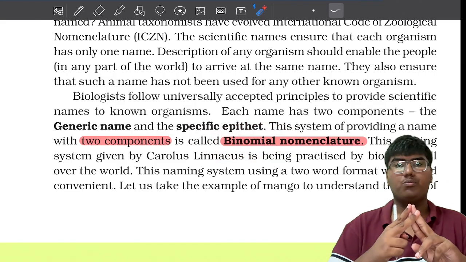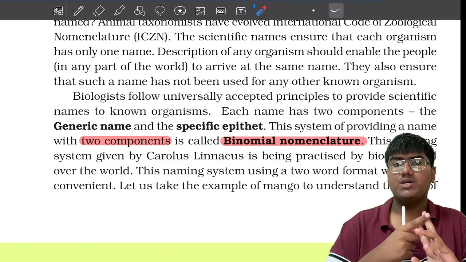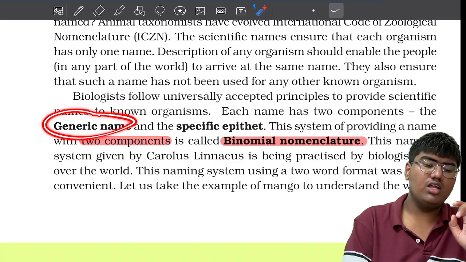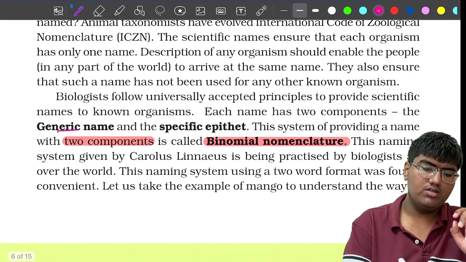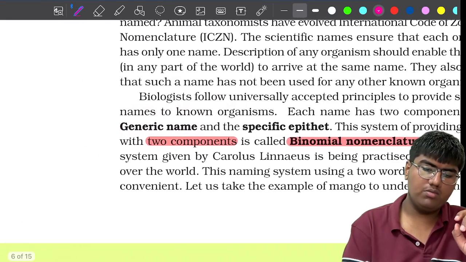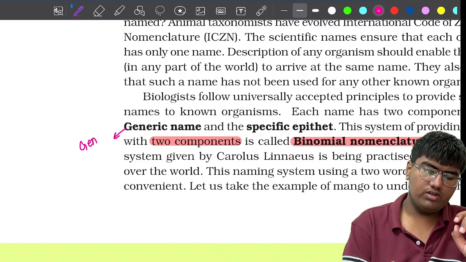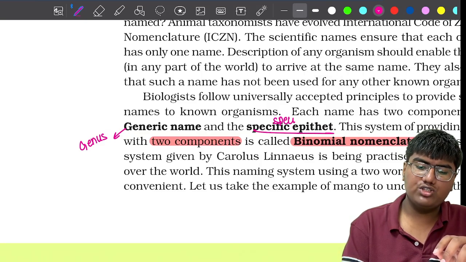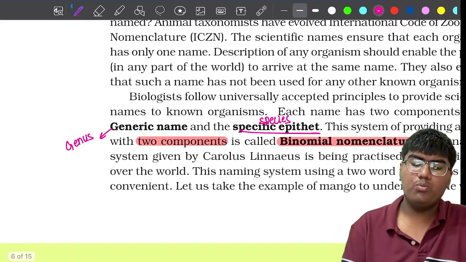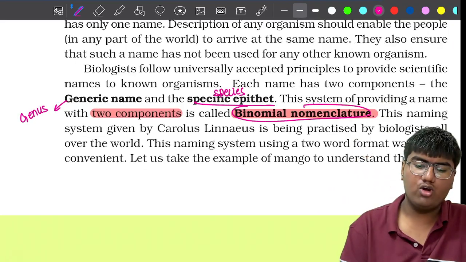Each name has two components, that is the generic name and the specific epithet. The generic name is the genus of the organism. The specific epithet is the species of the organism. So both of them are included in binomial nomenclature.